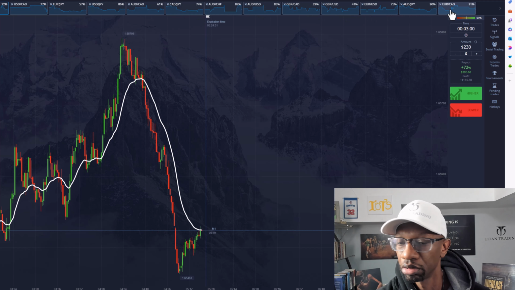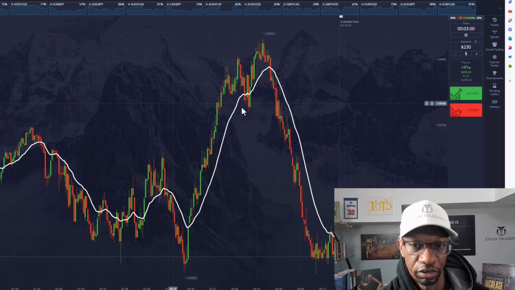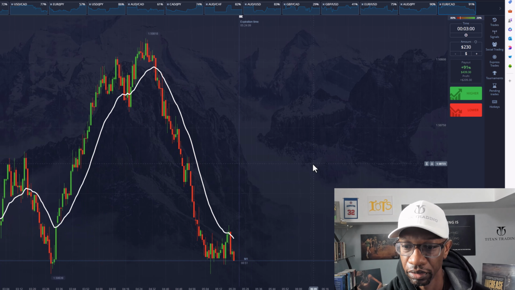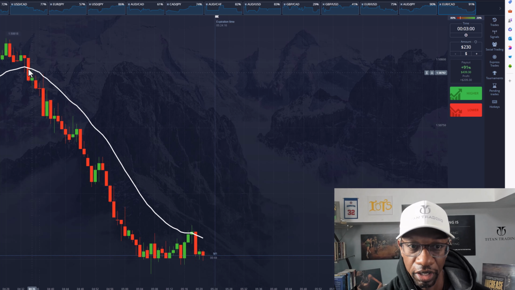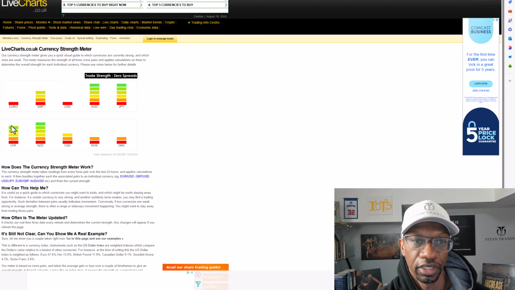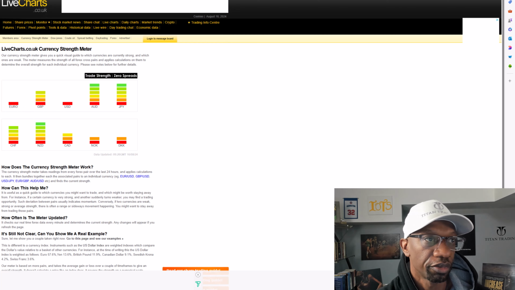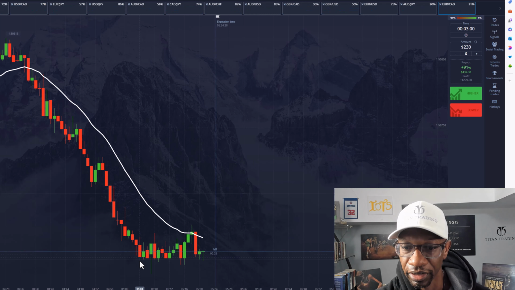Whoa. What's going on in this Euro CAD? Whoa. This is actually right here a high, push down, lower high, huge leg down. Let's see exactly how strong the CAD is. And it's okay. It's stronger than the euro, but it ain't a big difference there. But this is definitely a bottom.